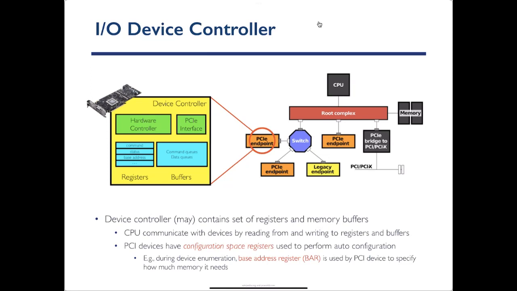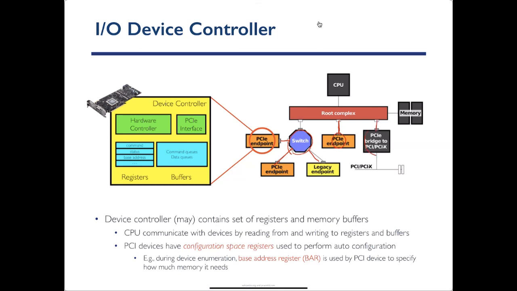Now, if you look at the picture in this slide that I'm showing, this basically shows you all the components that I talked about. So you have the switch, different PCIe endpoints are connected to the switch. Now PCIe also allows endpoints to get connected directly to the root complex.